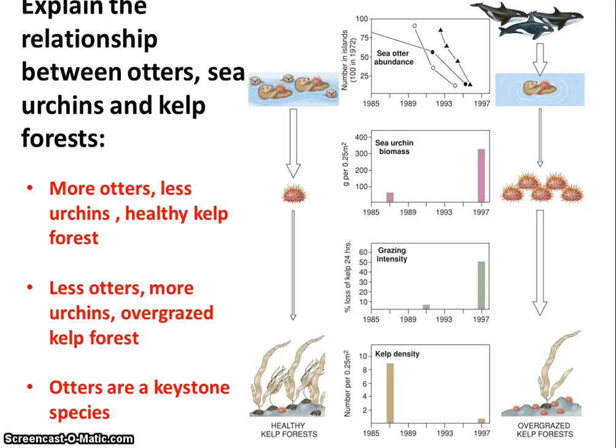That's known as a keystone species. Anytime you can look at one species and determine from the population of that one species the overall health of an entire ecosystem, that's known as a keystone species. And otters are actually a keystone species for hard-bottom continental shelf communities because they eat the main grazers of kelp, urchins.